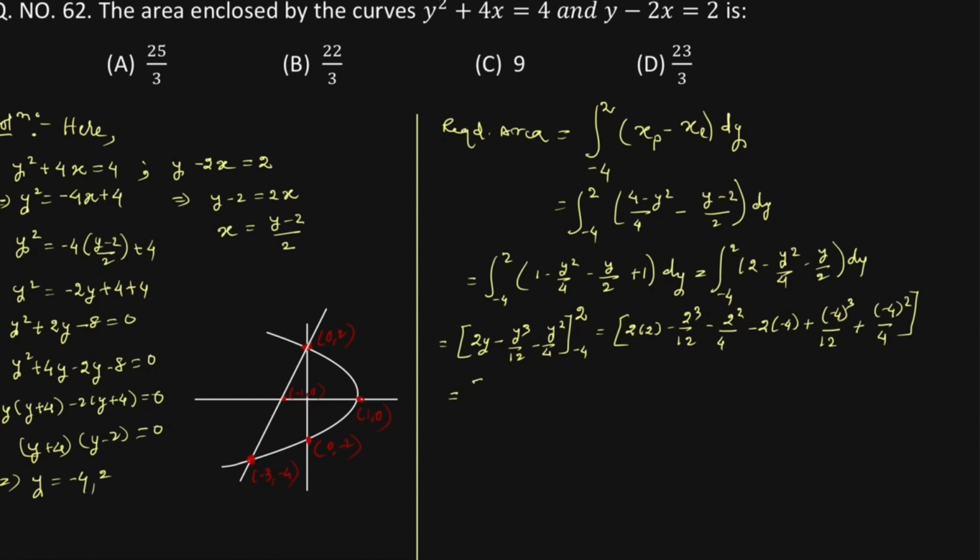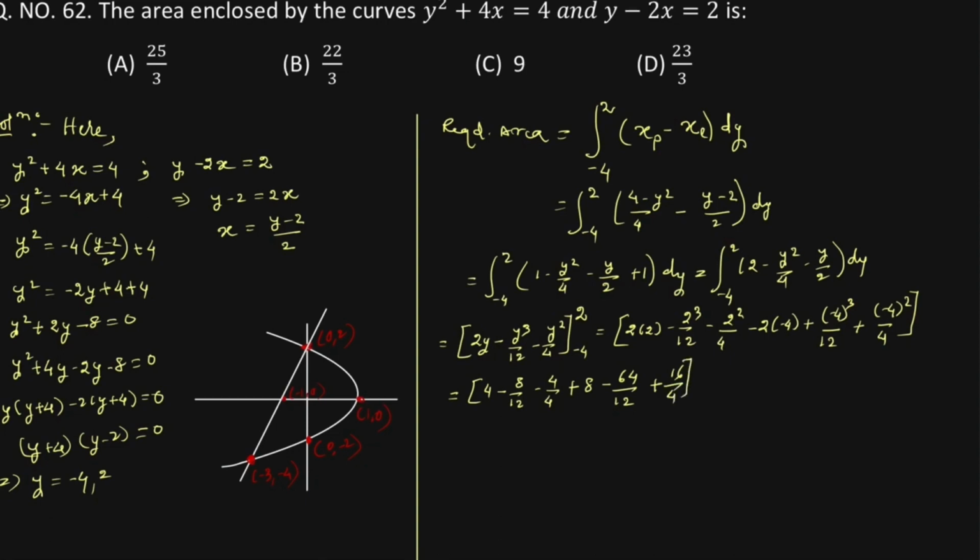After that we will get 4 minus 8 by 12 minus 4 by 4 plus 8 minus 64 by 12 plus 16 by 4.